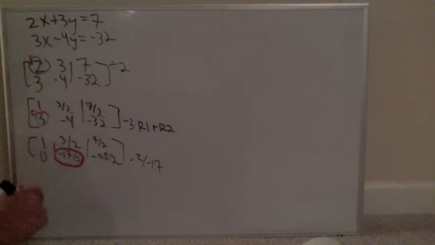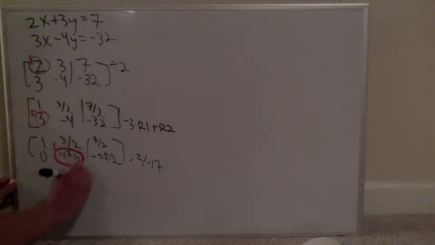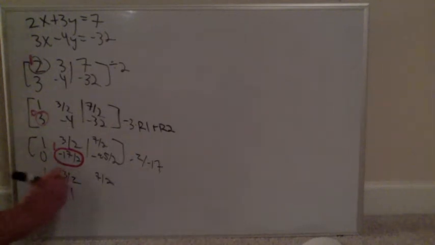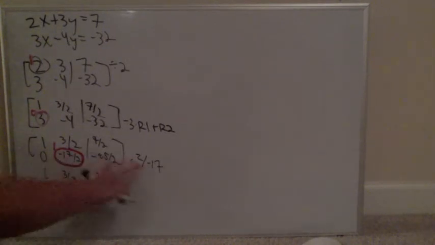Alright, so I'll keep row 1 the same. And row 2, I'm going to multiply by this. So 0 just stays 0. This turns into a 1, which was the whole goal. So the only real calculation I have to do is these two.